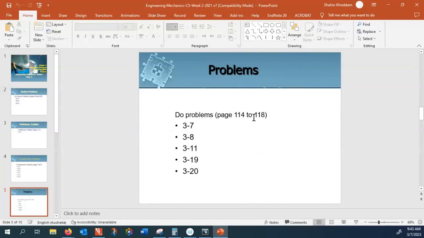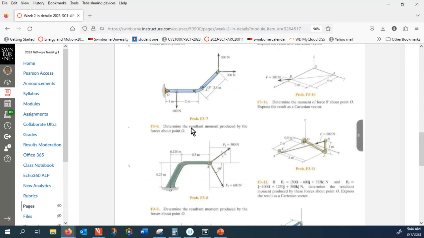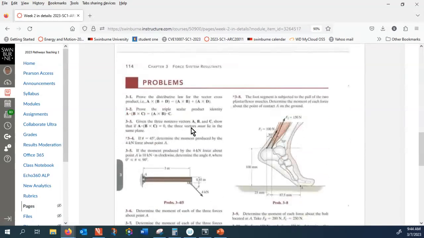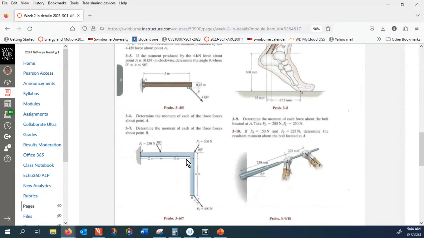All right, going to page 114. All right, 114. Let's try.